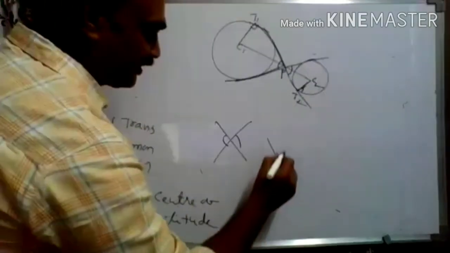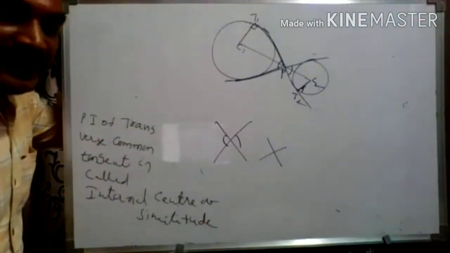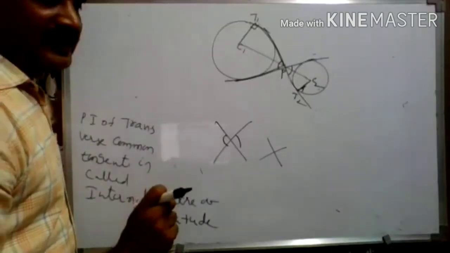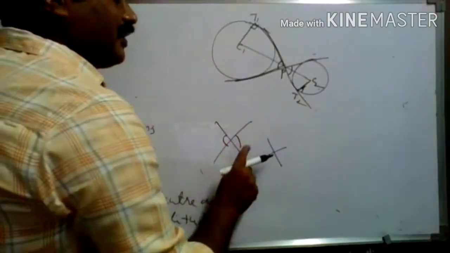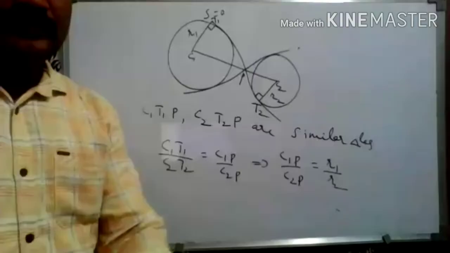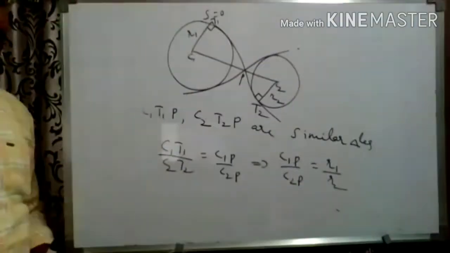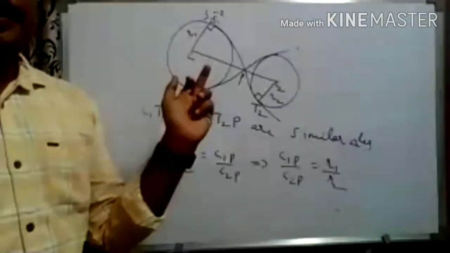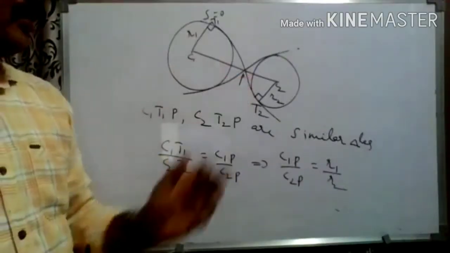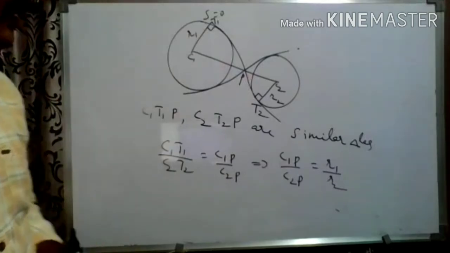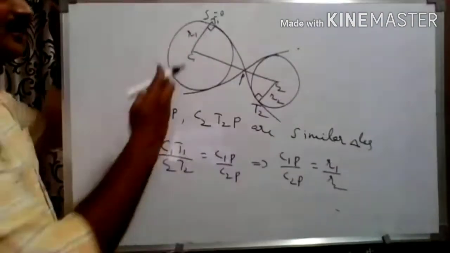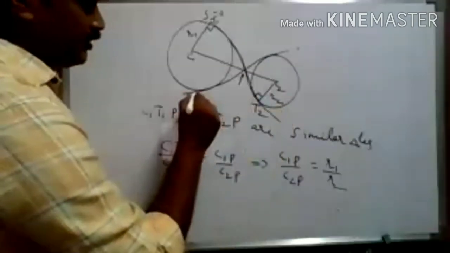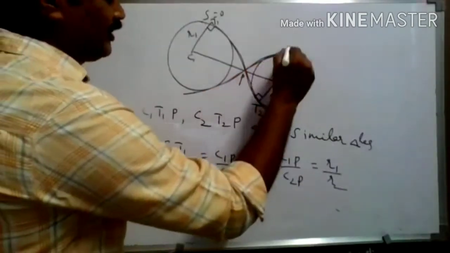The angle is 90. So if the centers of the circles lie on opposite sides of the tangents, they are called transverse common tangents. So these are transverse common tangents.